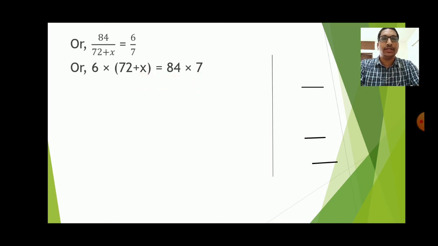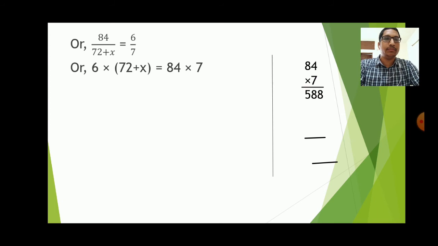At first we will see, if we multiply 84 and 7, what will it be? 7 times 4 is 28, so 8 and carry 2, and if we multiply 8 and 7, it will be 56, and carried 2, so 58.